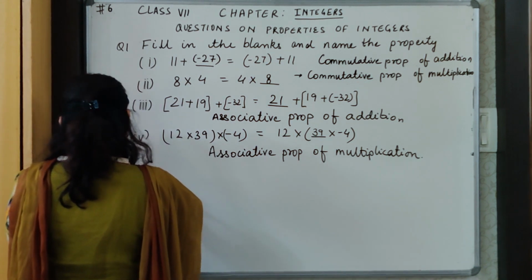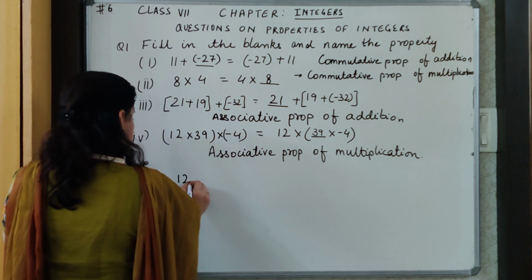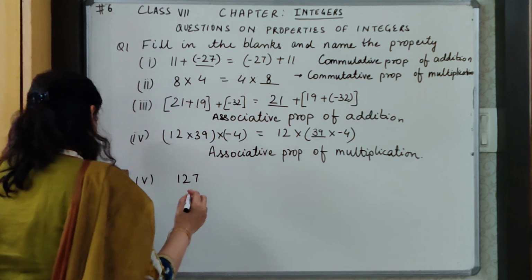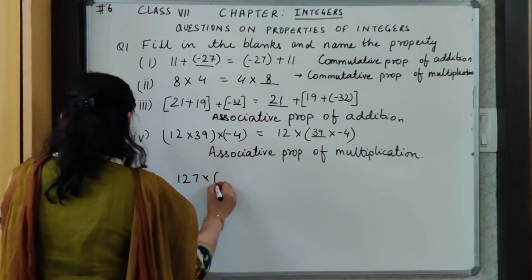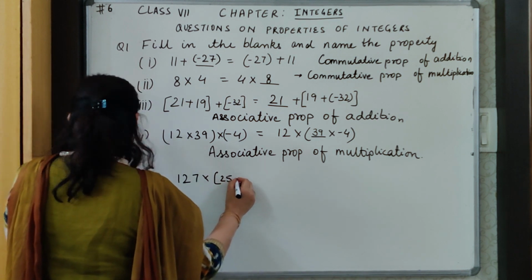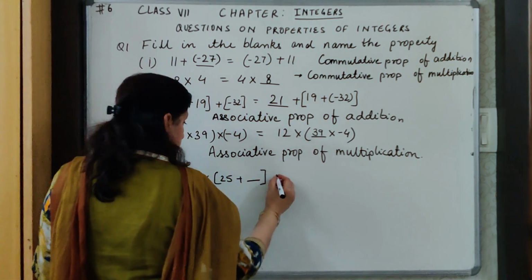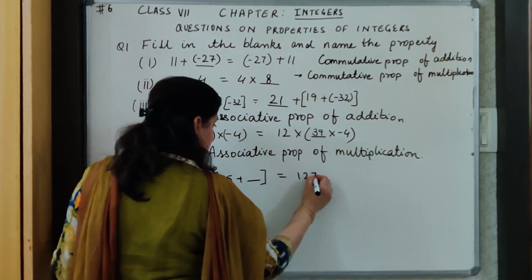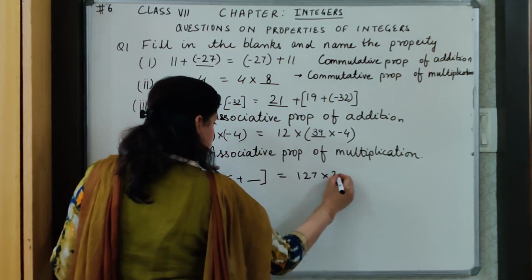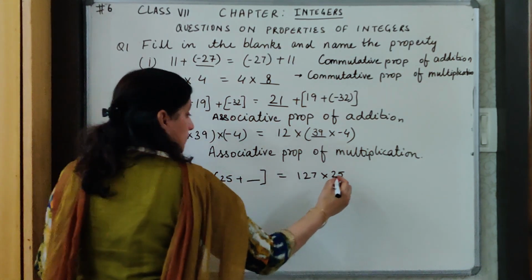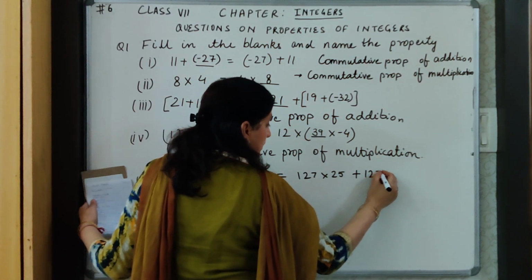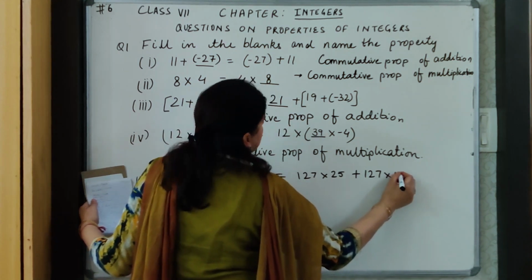The question says 127 into 25 plus dash bracket closed is equal to 127 into 25 plus 127 into 5.